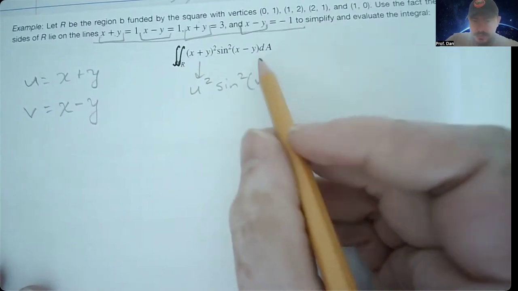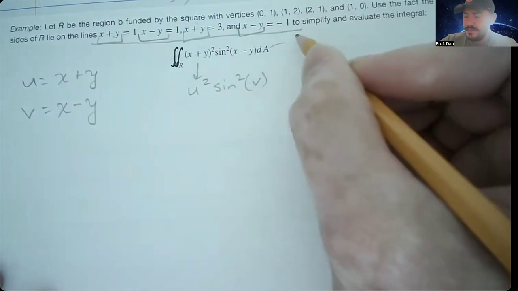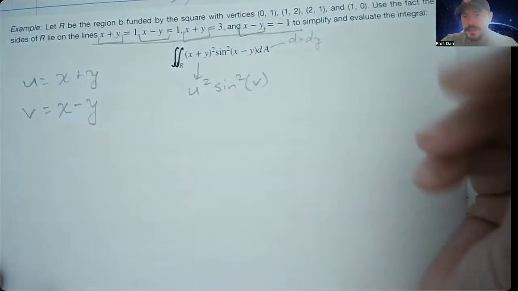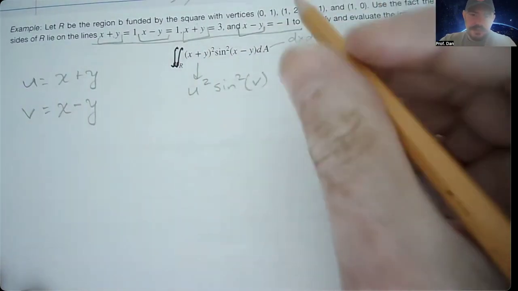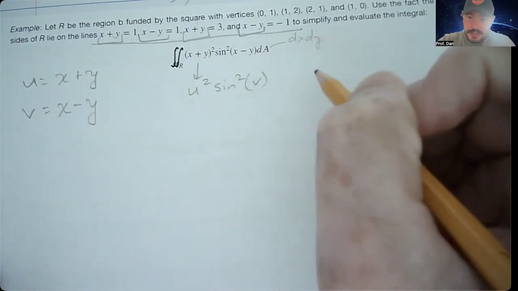Here's the thing though, dA in rectangular coordinates would have been dx dy or dy dx. Because we're now looking at these variables, we need to involve the differentials du and dv, but we can't just say du dv.